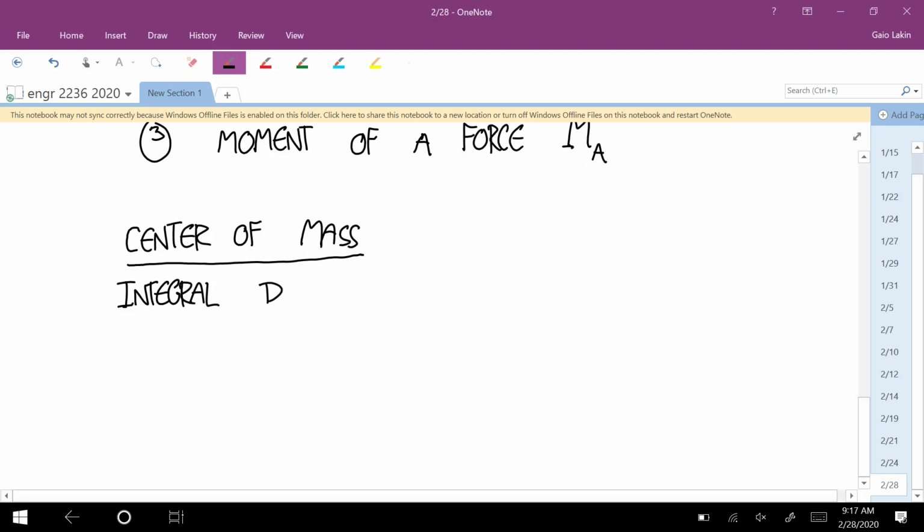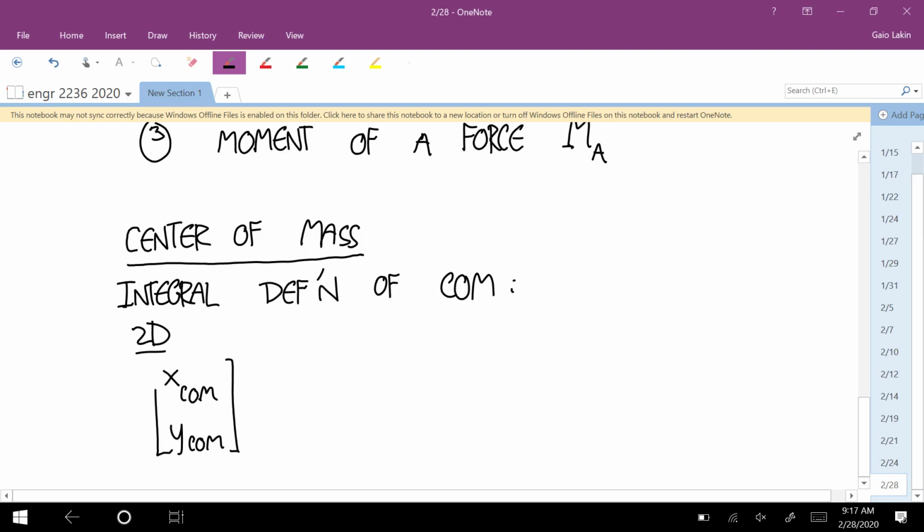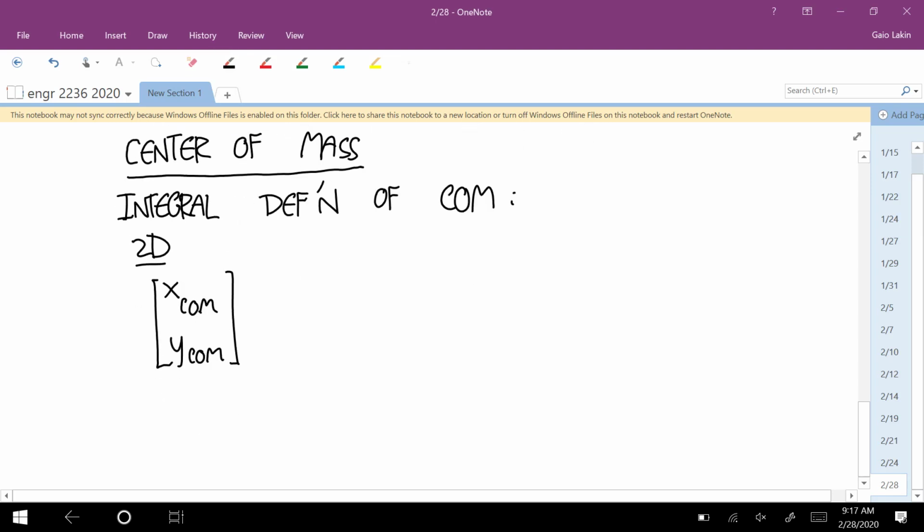But the integral definition of center of mass in 2D, so this is the position vector of the center of mass.